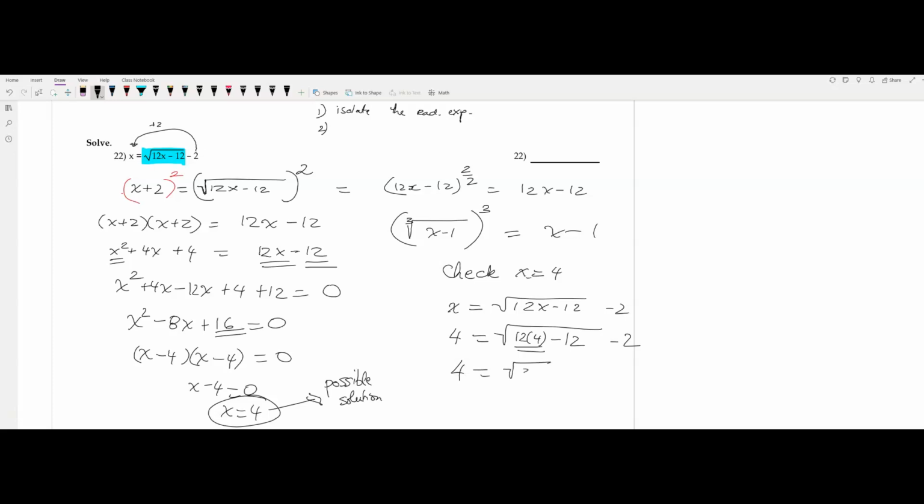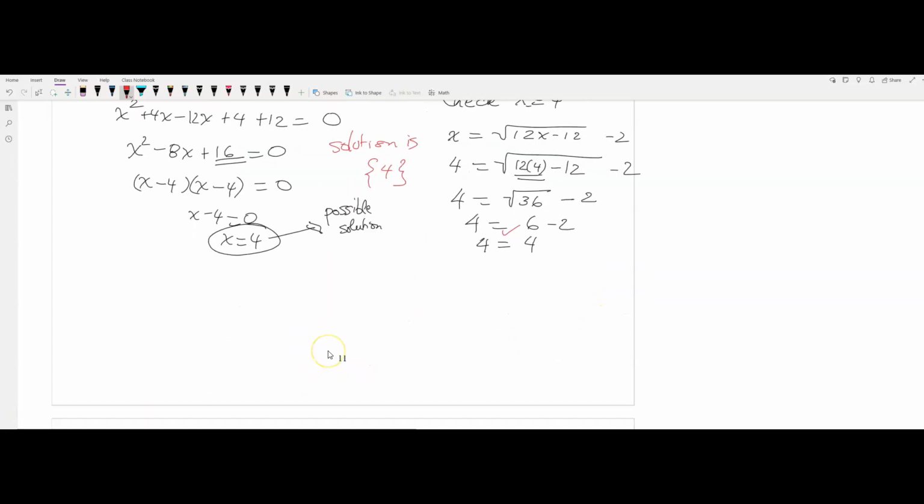So square root of 36, and then minus 2. And then 4 is equal to 6 minus 2. And 4 is equal to 4. Beautiful. It works out. So now I can say that the solution is 4. Okay? After you check, that's when you can say that the solution is equal to 4.